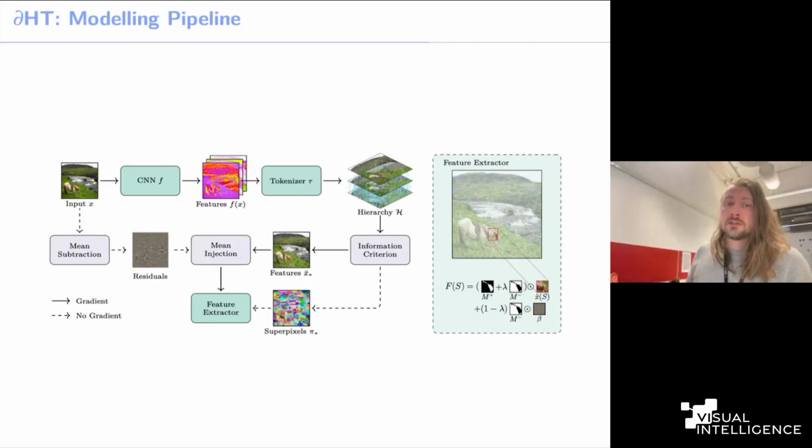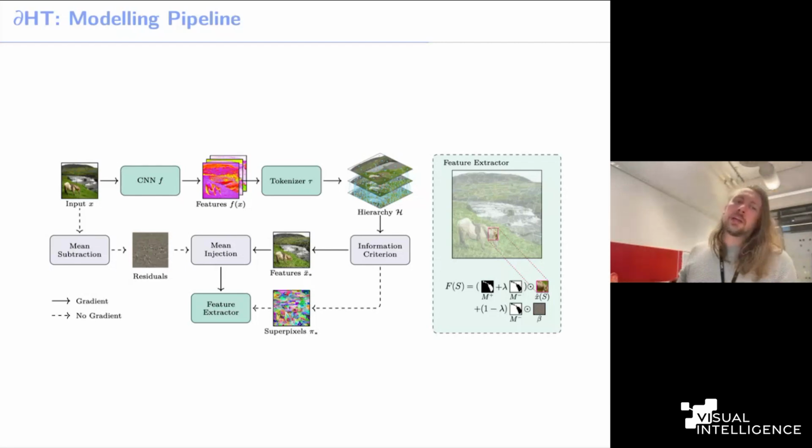We pass these features through the tokenizer in this embedded space of extra features, and in this way we build the hierarchy, all the way to the top. Once we have the full hierarchy, we use this information criterion to select an optimal partitioning from the hierarchy, which gives us a superpixel partitioning and a set of features.